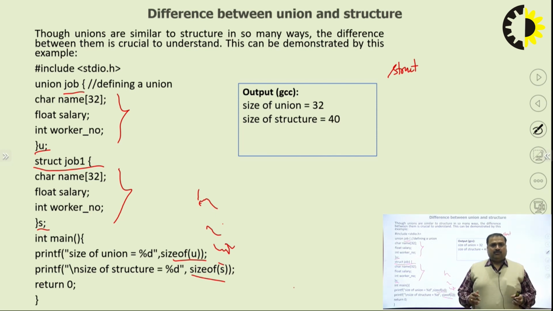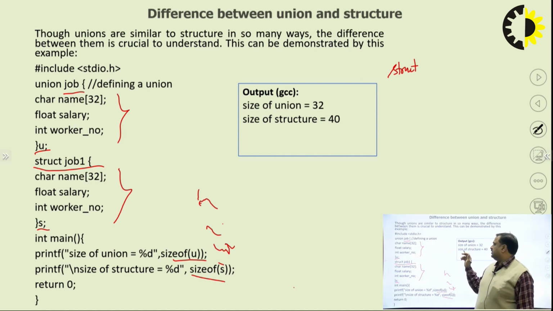Now you will better understand the difference between the memory allocation patterns for union variables and structure variables.